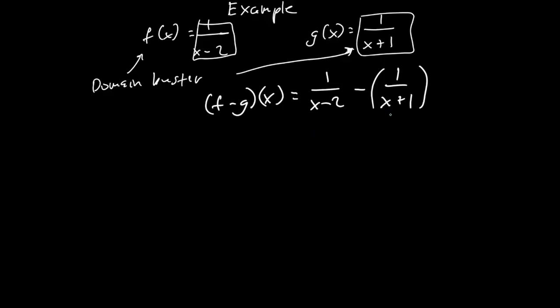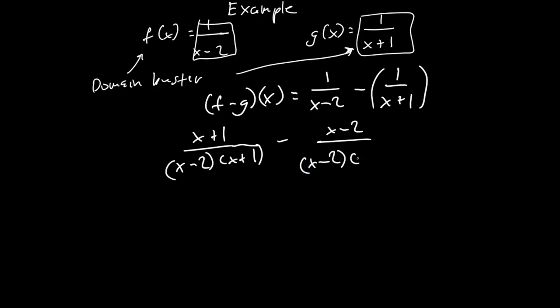So we can do the same thing we did before. So x plus 1, I'm not going to explain this as deeply, over x minus 2 times x plus 1, and then minus x minus 2 over x minus 2 times x plus 1.